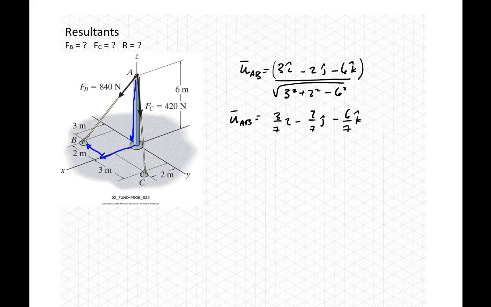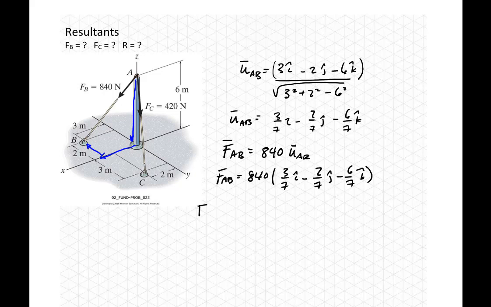Then again, FAB is equal to the magnitude, 840, times the unit vector. And here's where you have to make sure you put units or put vector descriptions on each one. So that's going to be FAB times 3/7 i minus 2/7 j minus 6/7 k.